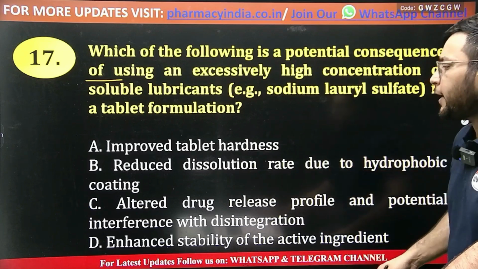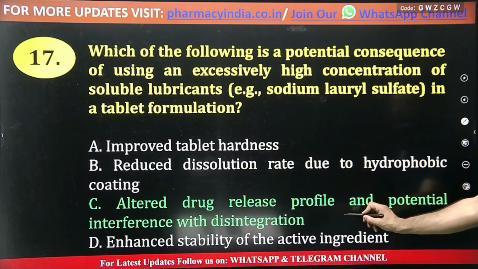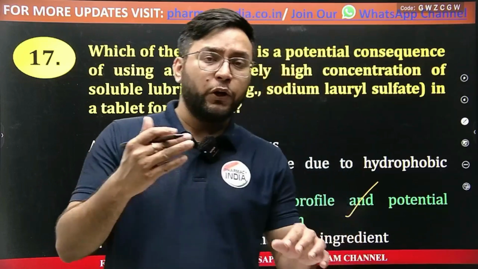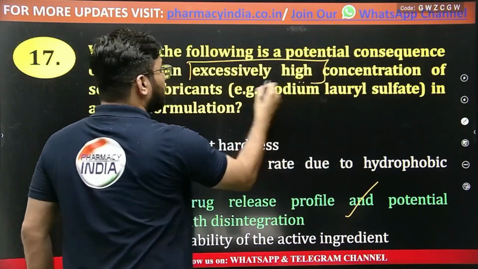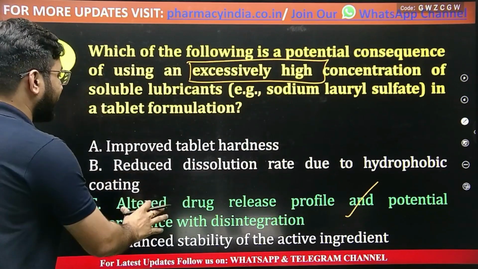Improved tablet hardness, or reduced dissolution rate due to hydrophobic coating, or altered drug release profile and potential interference with disintegration, or enhanced stability of the active ingredient. So it will mainly alter the drug release profile; if you use excessive lubricant, it will alter the release profile.